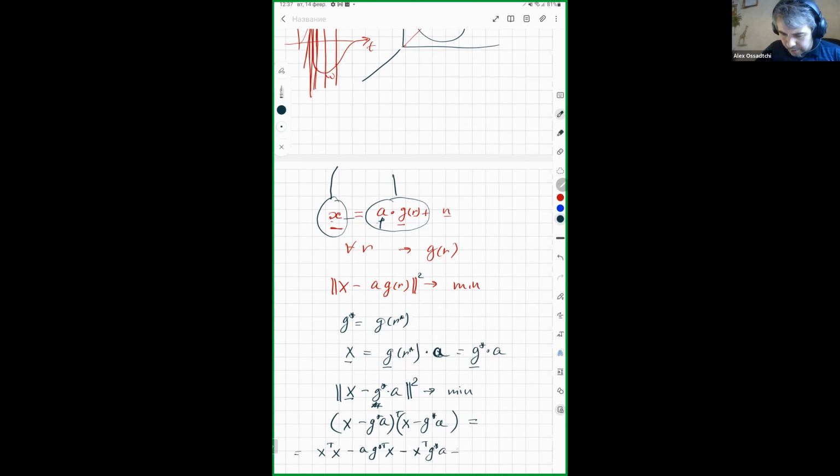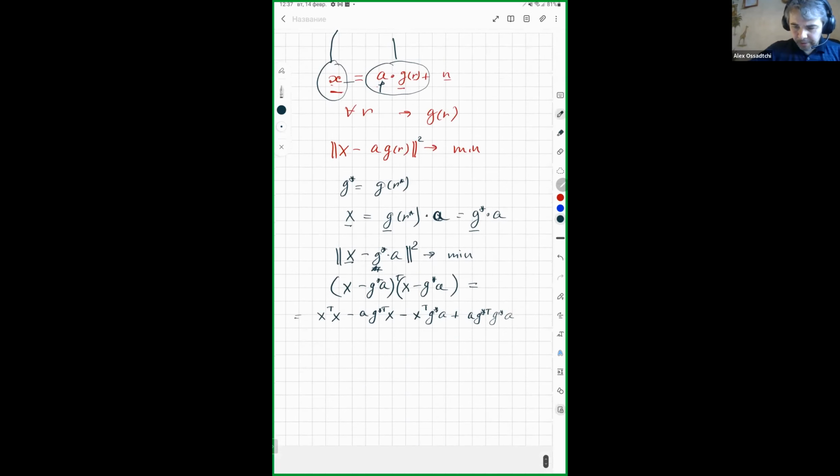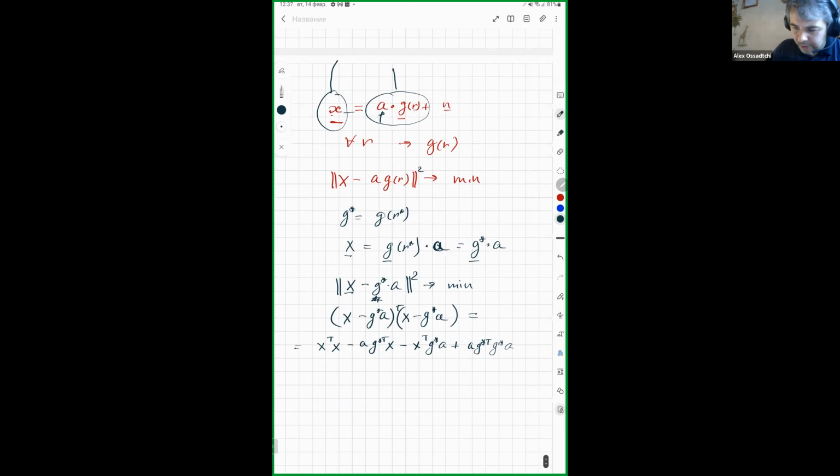And then plus A G star transpose G star A. See, when I was transposing this, because A is a scalar, I didn't transpose it, I just wrote this, right? And let's continue. This is your functional, and this is something which depends on A, right?